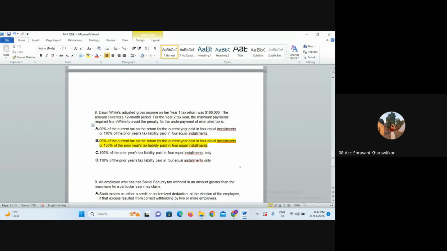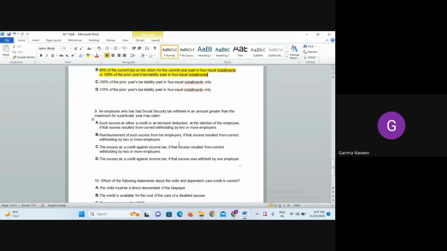No, ma'am. Okay. Next is an employee who has social security tax withheld in an amount greater than the maximum for a particular year may claim. So if he has some social security tax withheld greater than the maximum, what he can do?